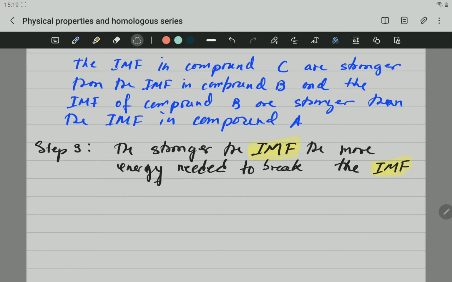Now, in step 3, we have to speak about the amount of energy needed to break the intermolecular force.